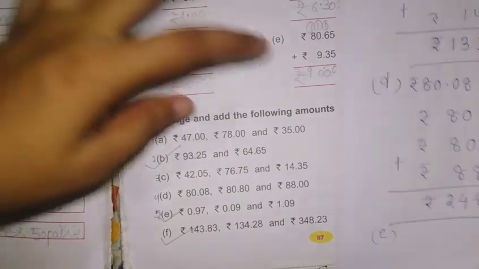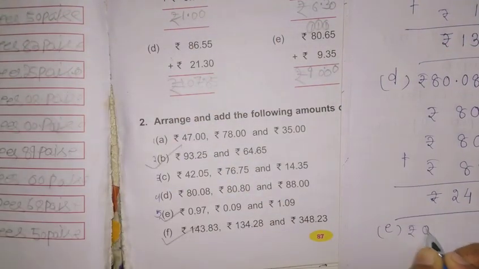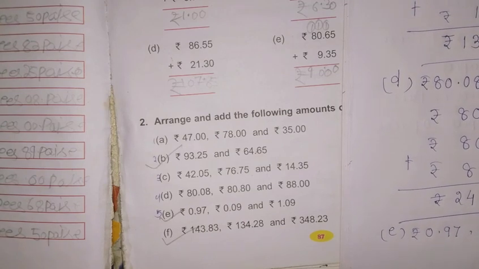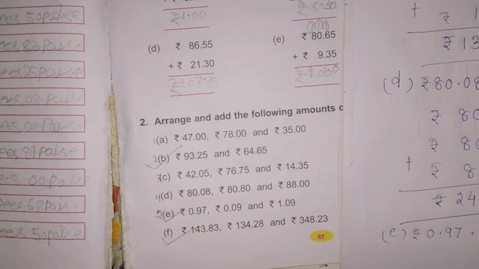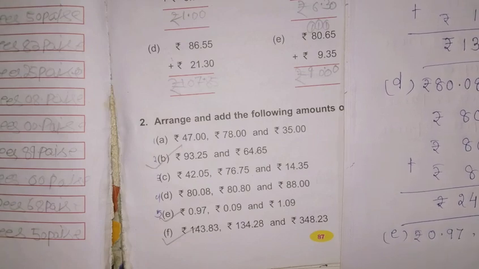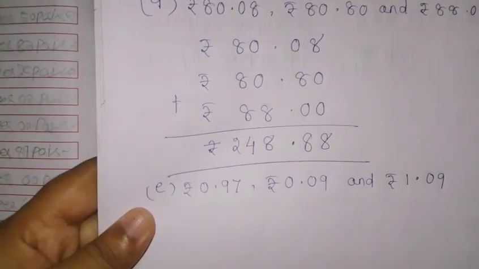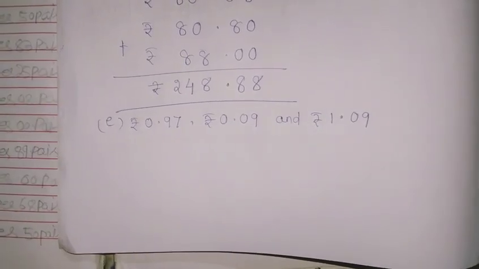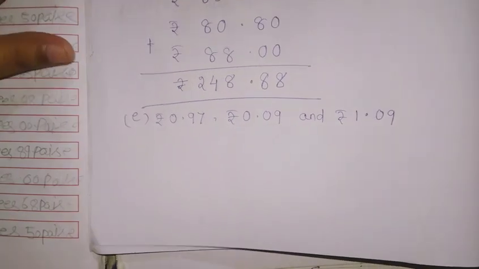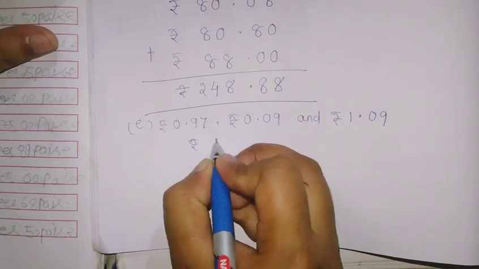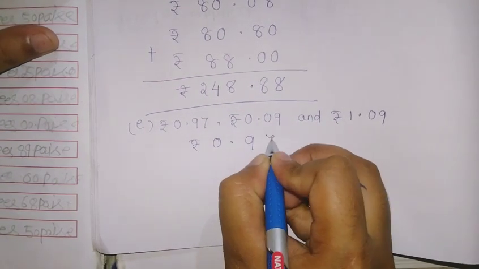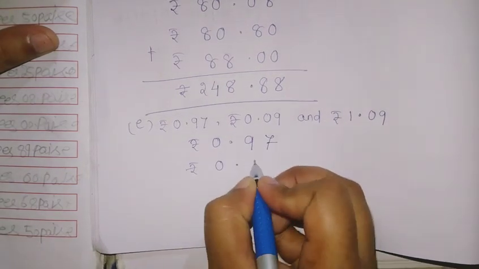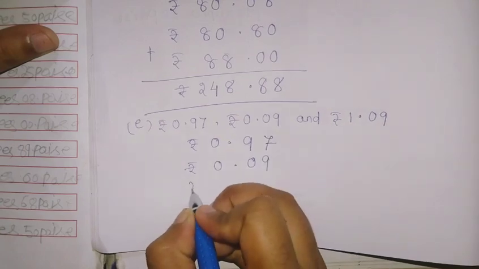0 rupees 97 paise. Then 0 rupees 09 paise and 1 rupees 9 paise. First we arrange rupees to rupees and paise to paise. 0 rupees 97 paise. Then 0 rupees 09 paise.